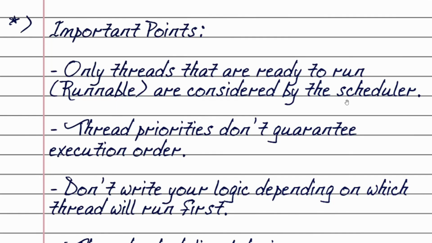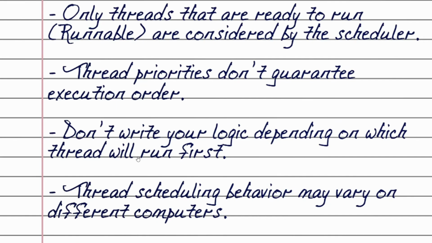Next, thread priority does not guarantee the execution order. So the priority given to the threads does not guarantee the order of execution. The next point is, do not write your logic depending on which thread will run first.